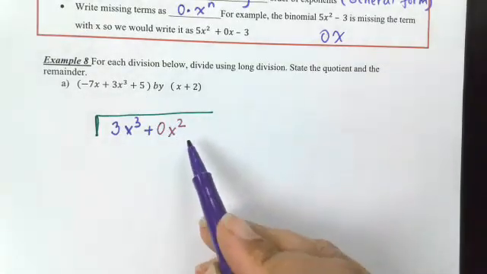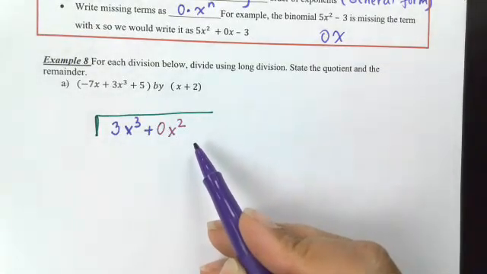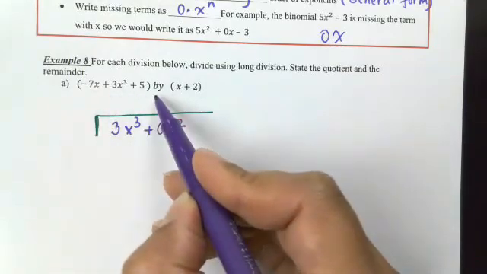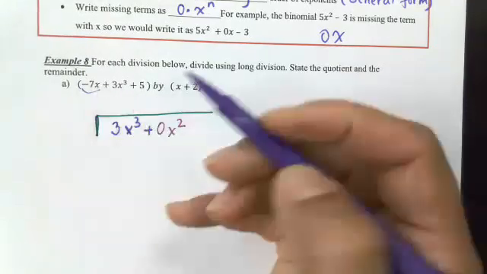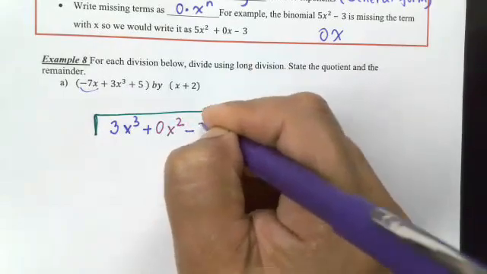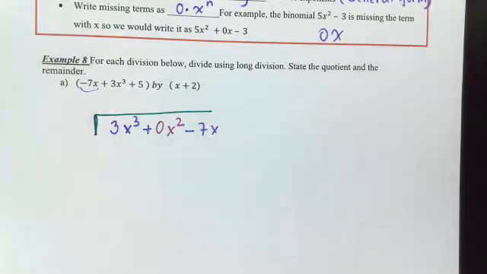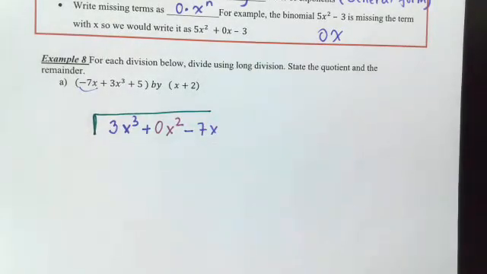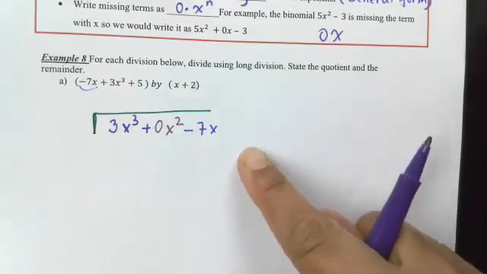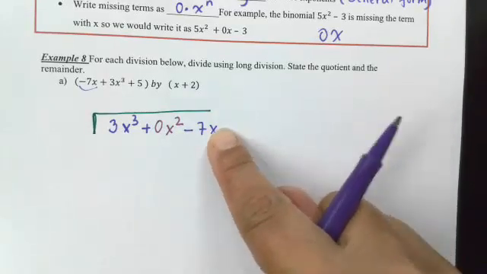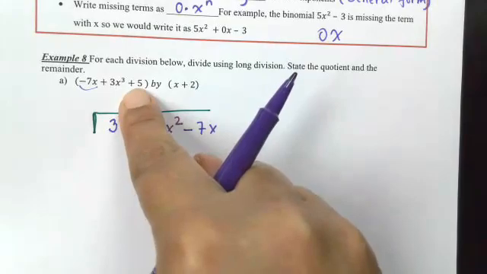Okay, now do we have a term with x in the given polynomial? Yes, there it is, right? So we just copy that one, negative 7x. So we have 3, 2, 1, and then nothing, or the free term, which is plus 5.